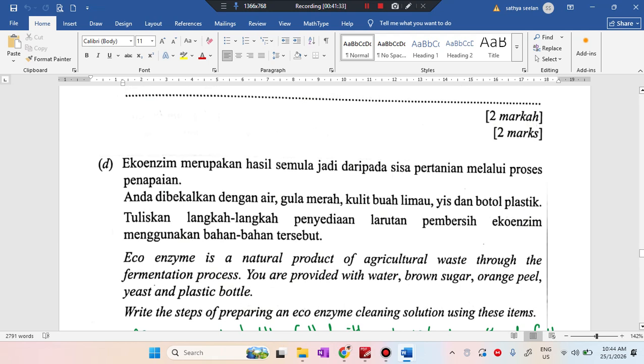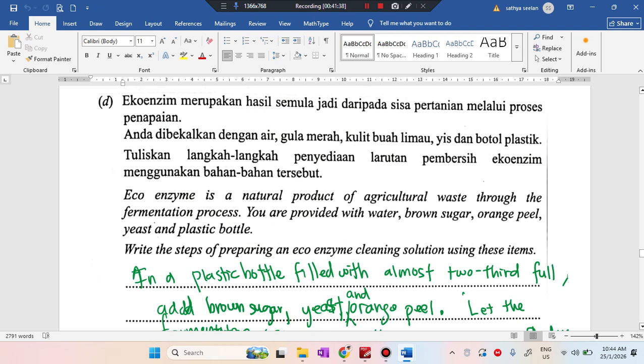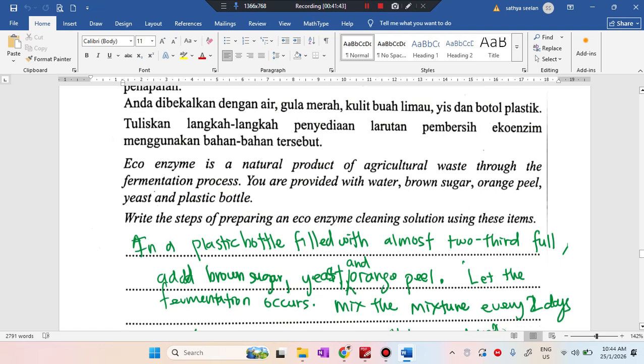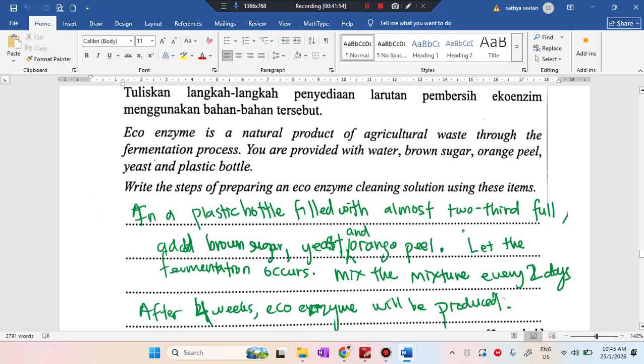So definitely you need to mix everything in a plastic bottle. Fill it almost 2/3 full with water, that means the majority of the bottle.